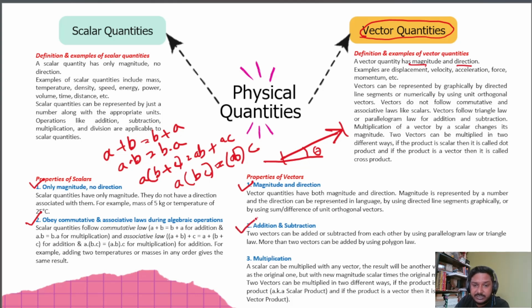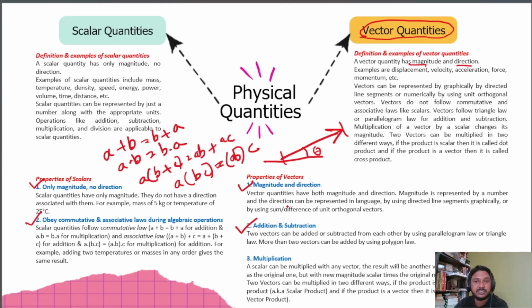Now, addition and subtraction of vectors is not similar to scalars. If we add a 5 meter per second velocity with a 3 meter per second velocity, the result is not always going to be 8 meter per second. It will be 8 meter per second if the velocities are in the same direction.